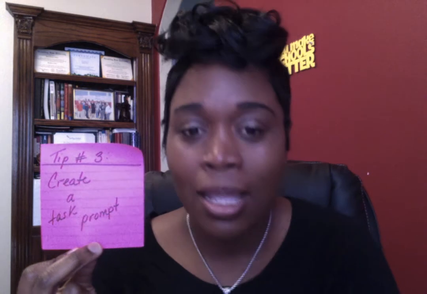Tip number three is you will begin to create your task prompt. With your task prompt, you want to start with templates. We have templates, and I'll direct you to where those are. You want to start with the driving question first and foremost. Then you move into whatever informative text or literary text you want them to use within that task, and then give clear and concise steps on how students will be thinking and writing through the particular template.